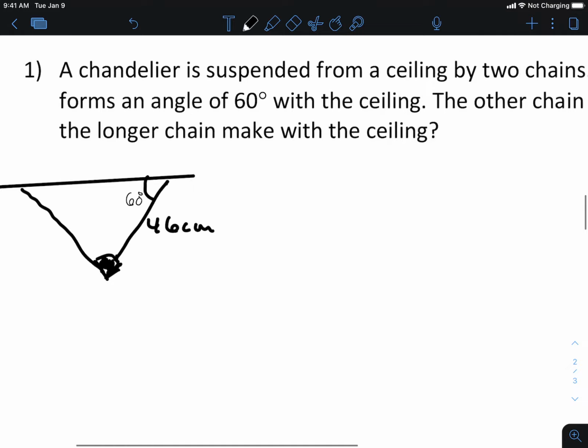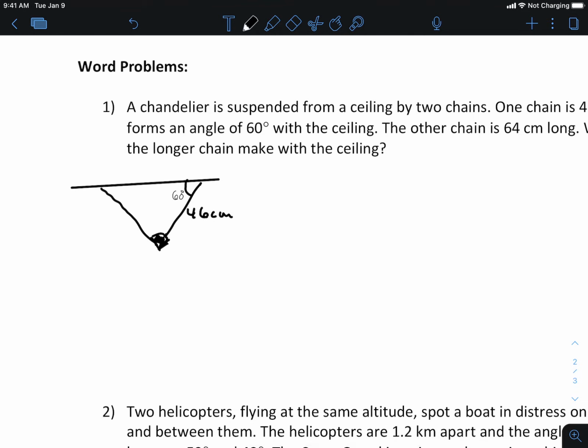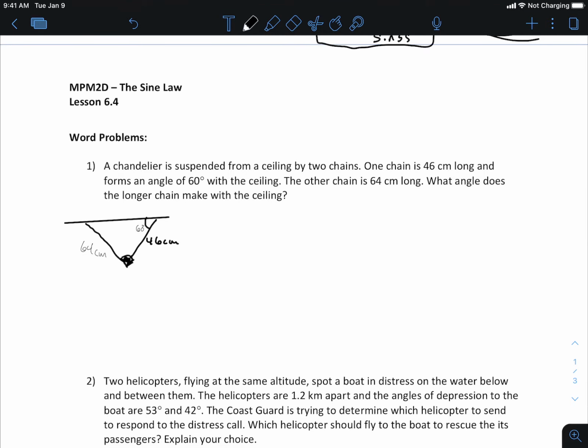And then on the other side, this chain here on the left is 64 centimeters. Okay, this question's asking you for what angle does the longer chain make with the ceiling? So this right here, it wants this. Okay, the red angle.